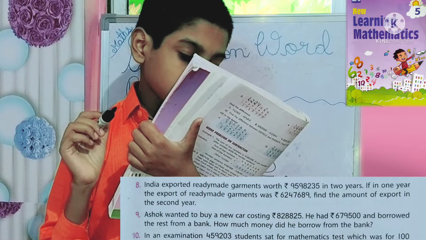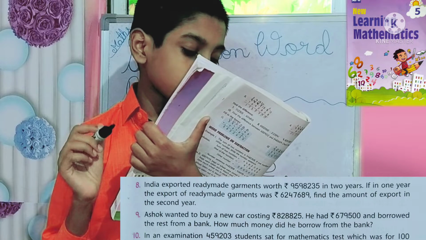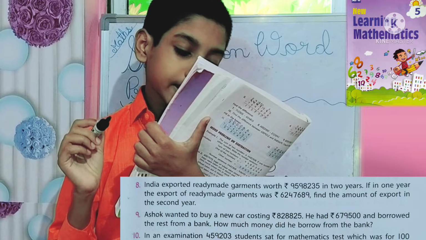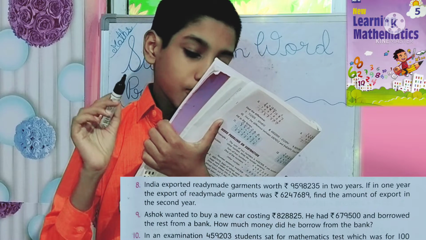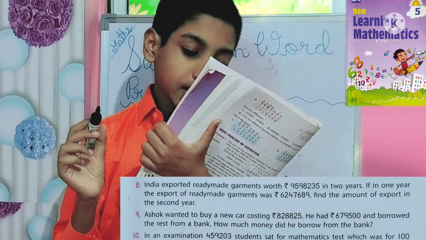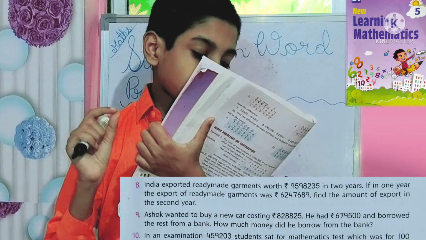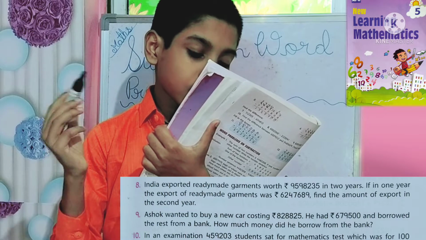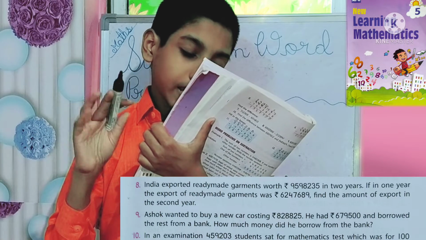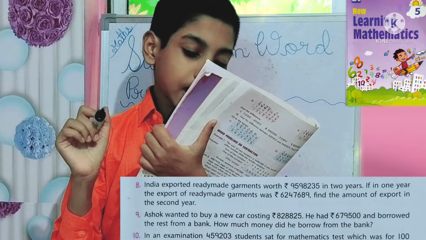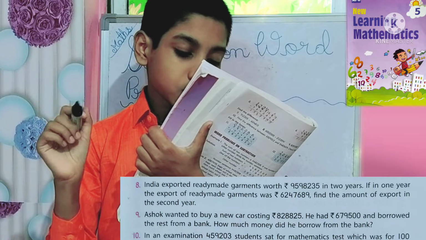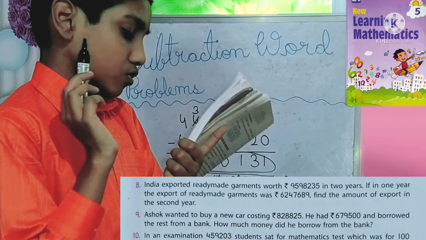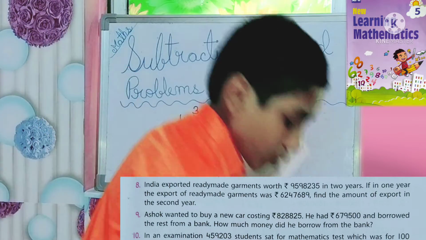Worth of ready-made garments exported in 1 year equal to rupees 62476689, and the worth of ready-made garments exported in the second year equal to rupees 9598235 minus rupees 62476689. And then do the minus. So I am doing the minus here.